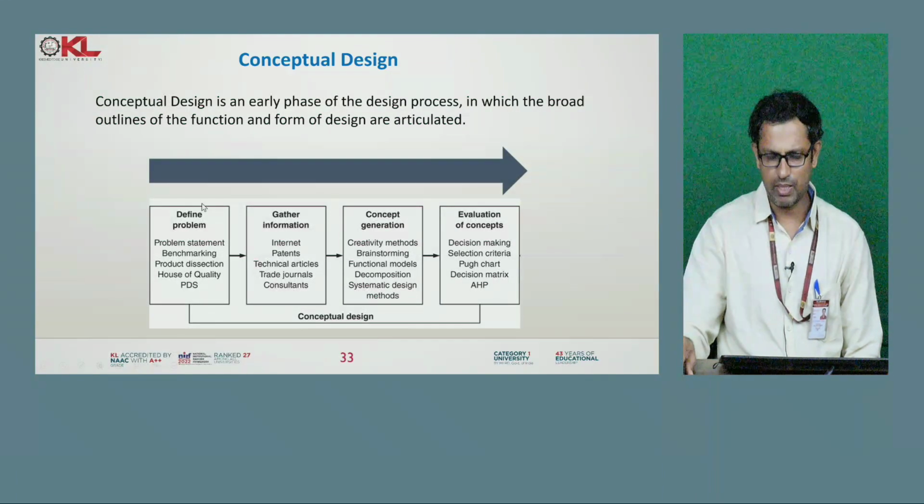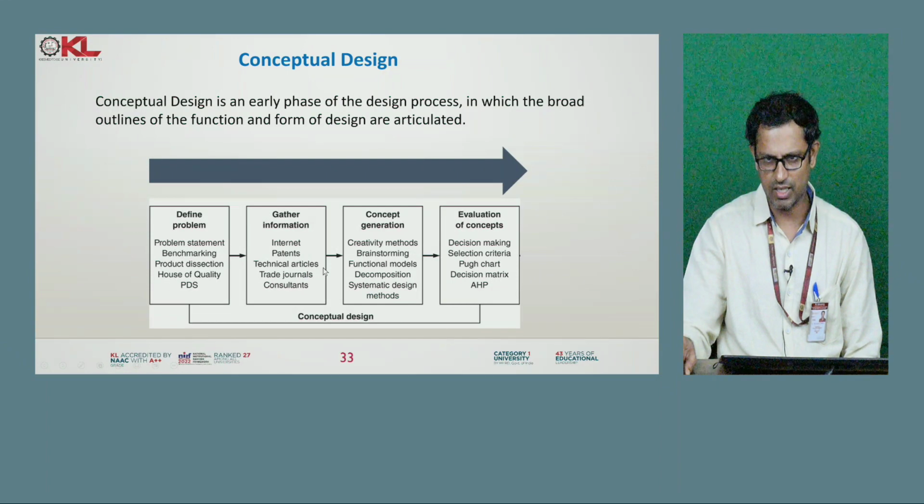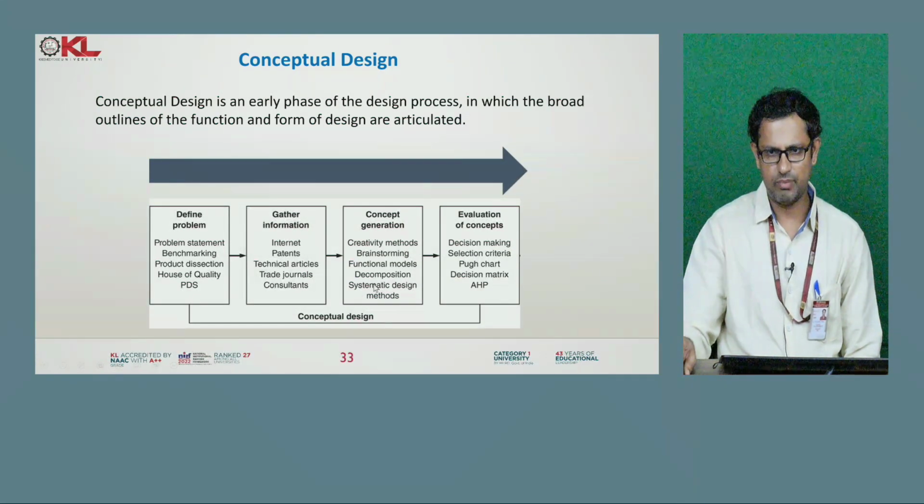Then, to understand the problem we have defined, we have to gather information from different sources like internet sources, patents, technical articles and different journals. The next one is concept generation: creative methods, brainstorming sessions, functional models, decomposition and systematic design methods.